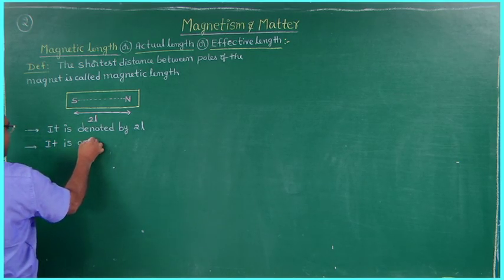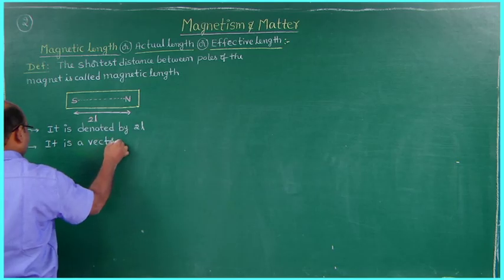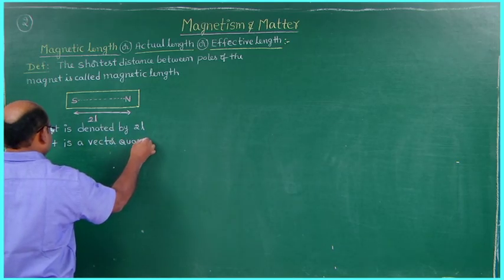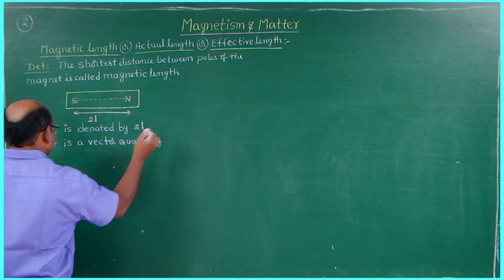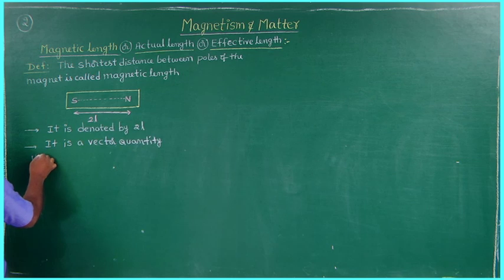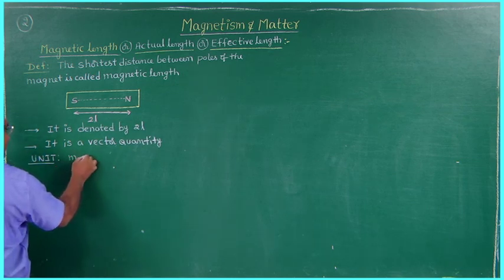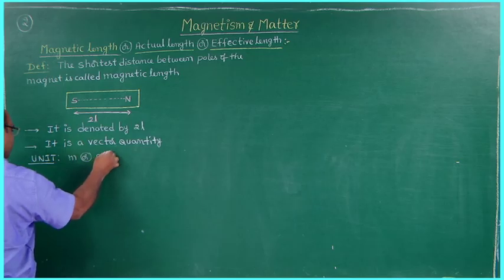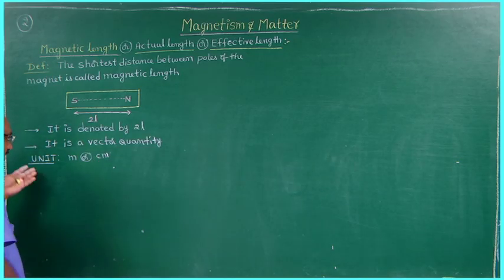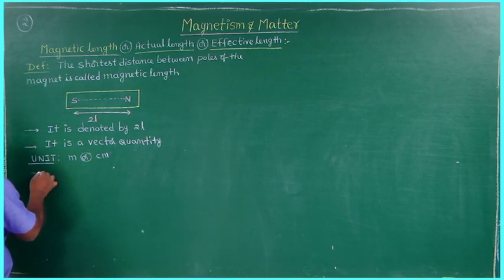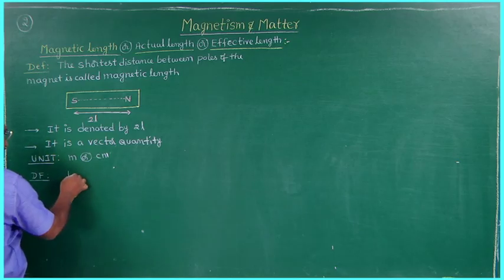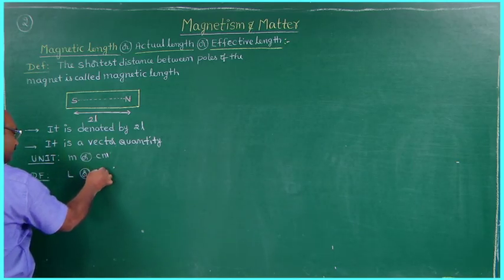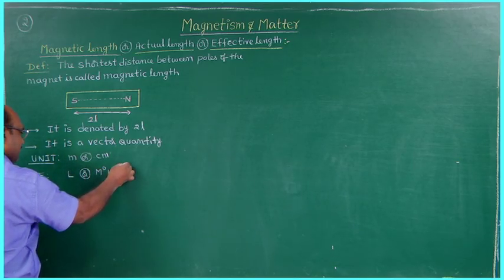It is a vector quantity. The unit of the magnetic length can be represented either in meter or centimeter. The dimensional formula for length is only L, or in full form M to the power 0 L T to the power 0.